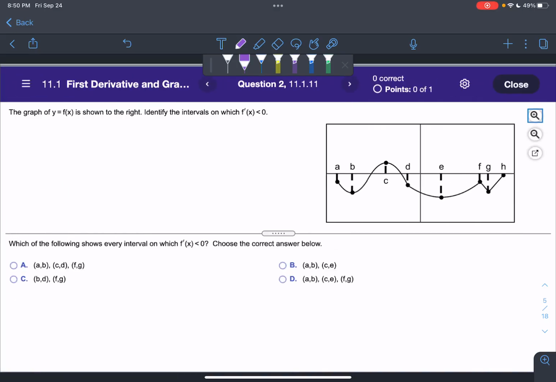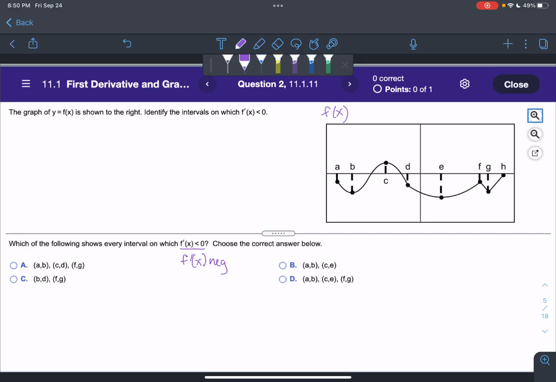Now the next question says on which intervals is our derivative less than 0, which means when is it negative? Again, this is our f of x, and we want to know the sign of f prime.